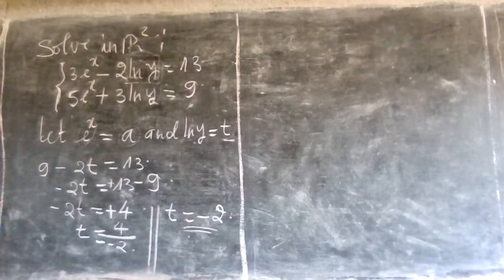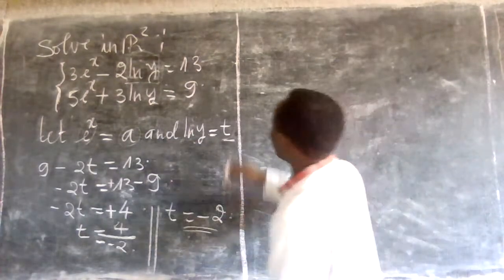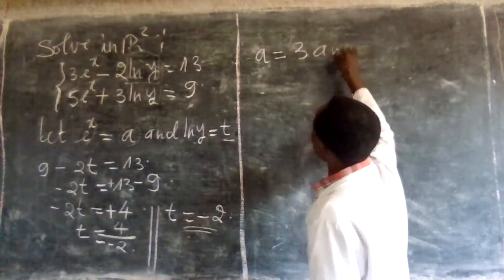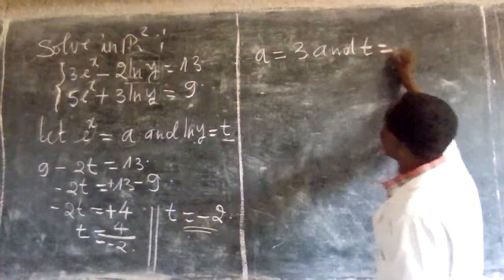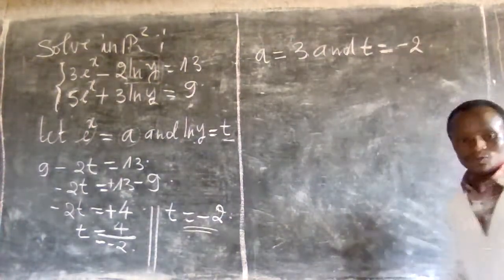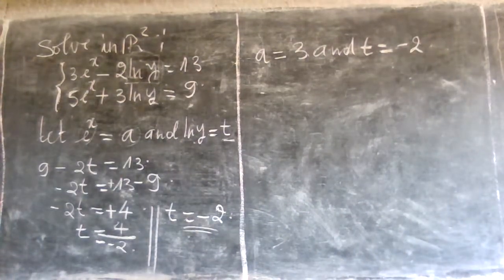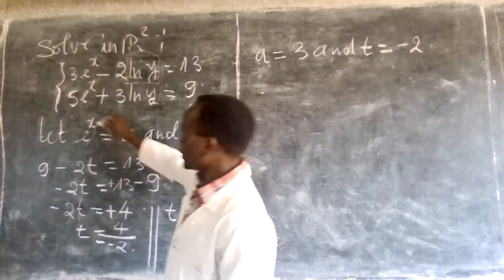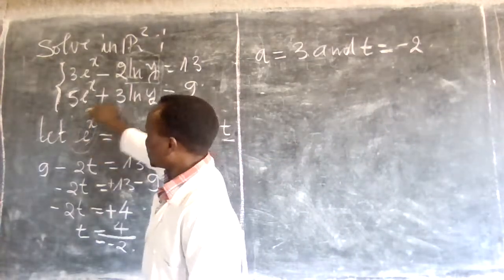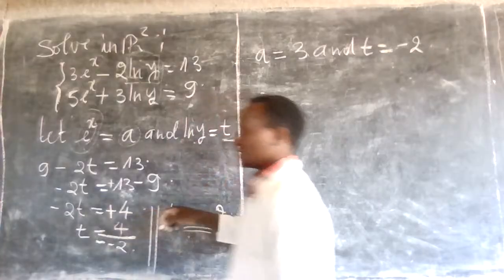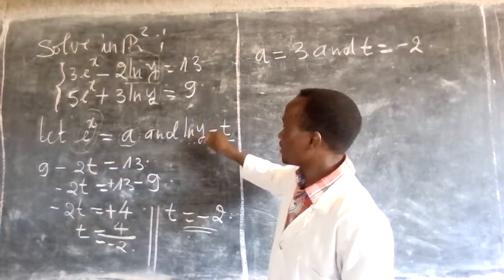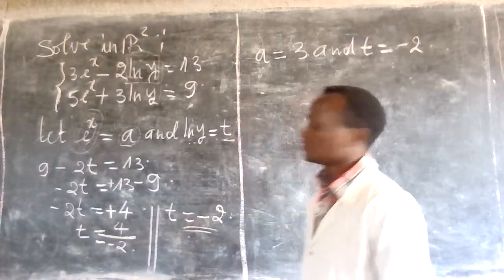Now remember, here we have seen A. It is 3, and t, it is minus 2. Yes? Now what we are going to do, remember at the beginning, we have said that e power x is equal to A, and ln y is equal to t.